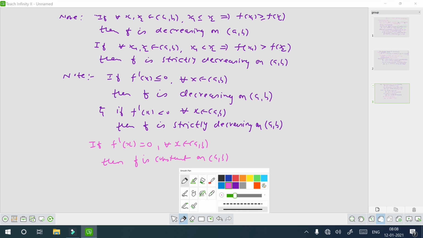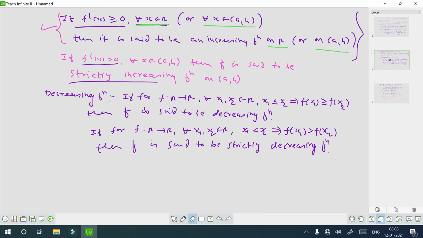Now, dear friends, keep in mind, to show strictly increasing function, check whether the first derivative is greater than 0 or not. If you get greater than or equal to 0, then it is increasing.